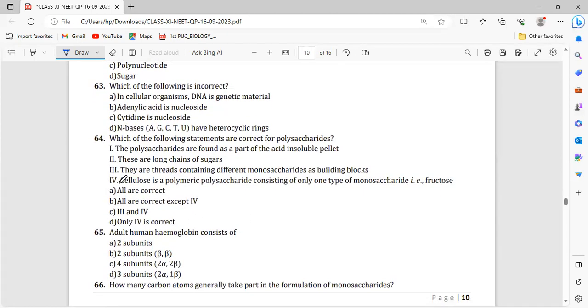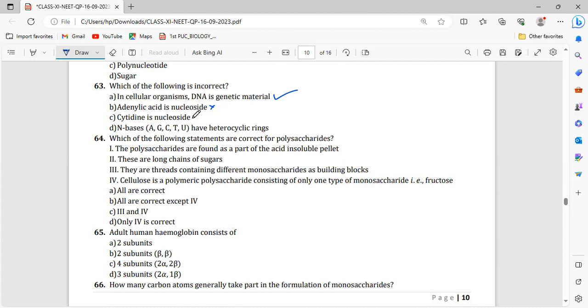63. Which of the following is incorrect? We'll see one by one. In cellular organisms, DNA is the genetic material, yes. Only in acellular forms, that is in viruses, RNA can be genetic material. Adenylic acid is a nucleoside? No, it is a nucleotide, as we had seen just before.